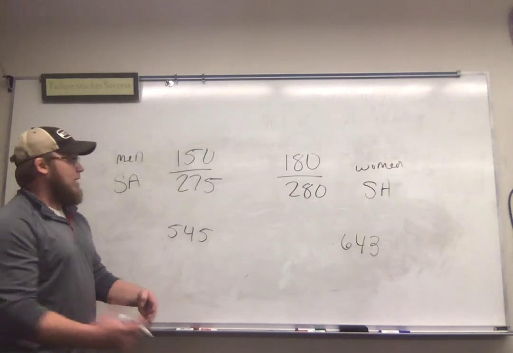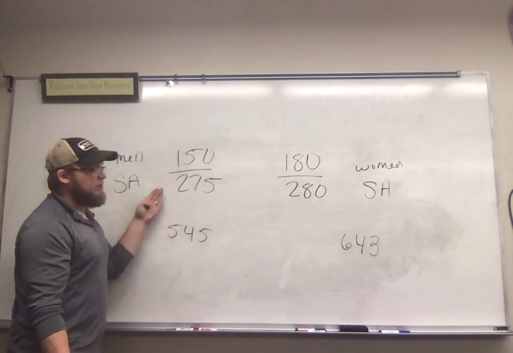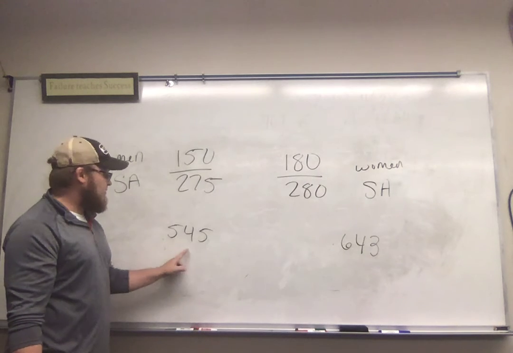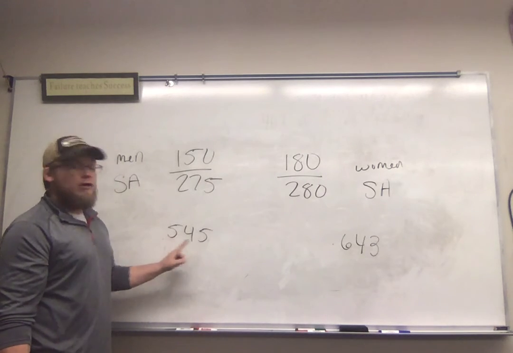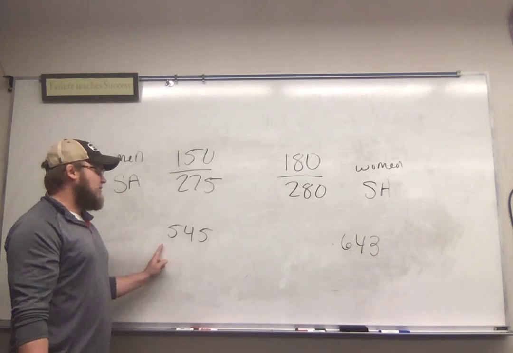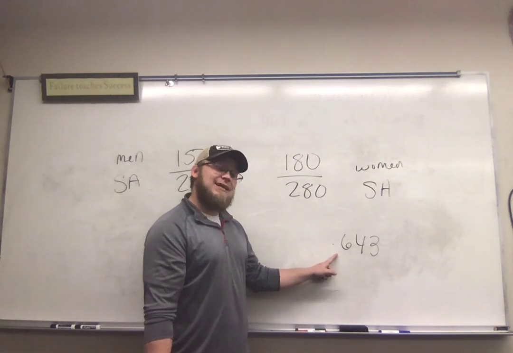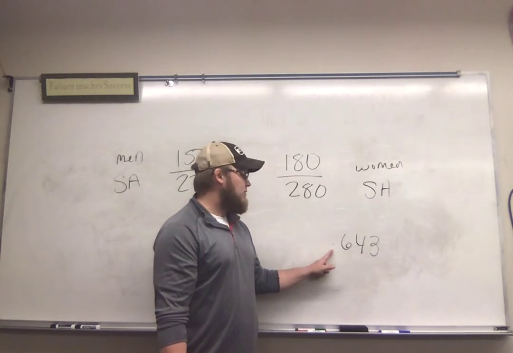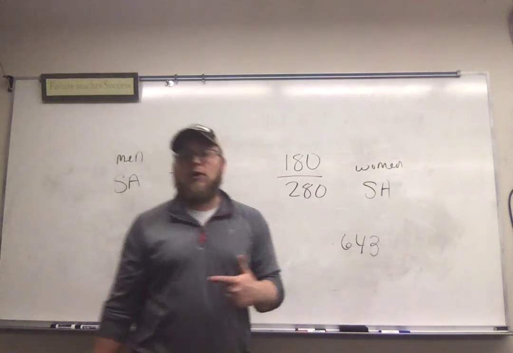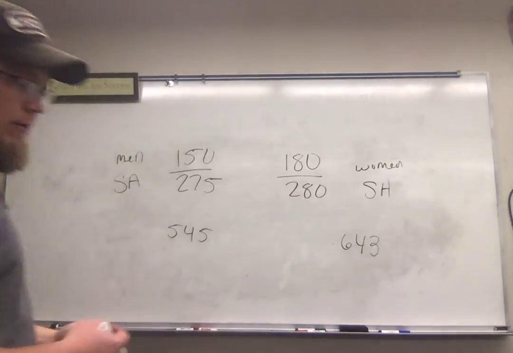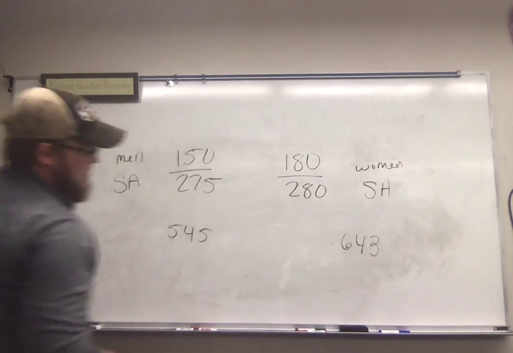It's a little bit better than writing it as fractions, because this technically means 54.5%. 0.545 is 54.5%. Just like 0.643 is 64.3%. Okay? It's a little bit better, but the best way would be just like they did over here on the last one, letter C.